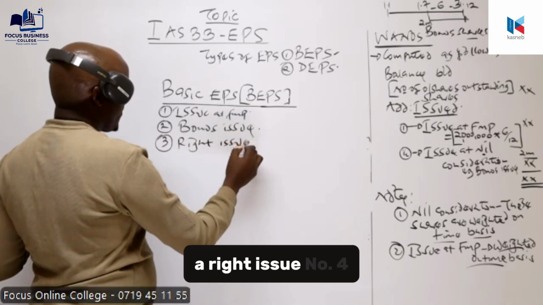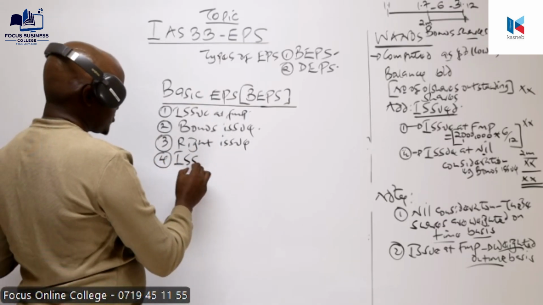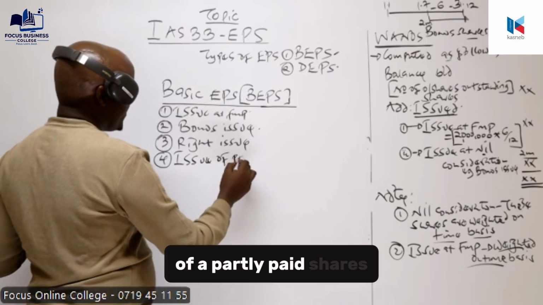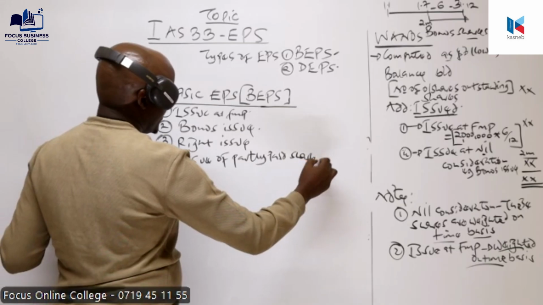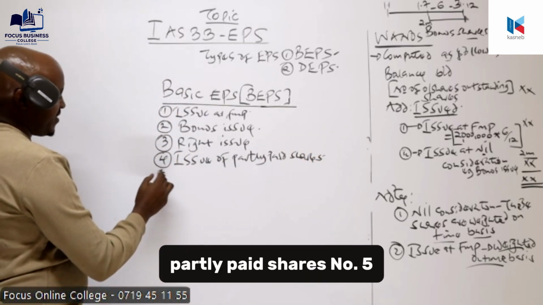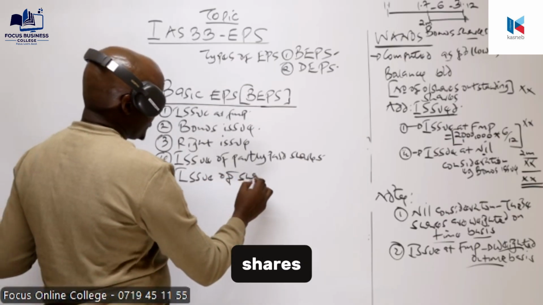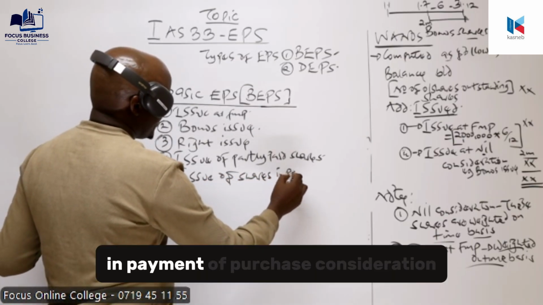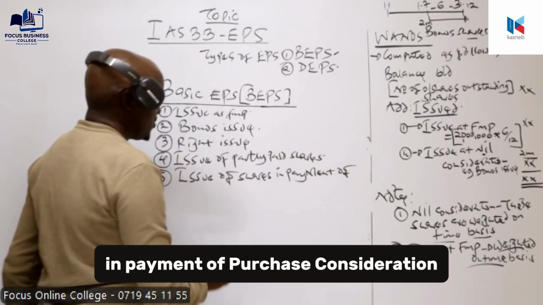Number 4, we have issue of partly paid shares. Number 5, we have issue of shares in payment of purchase consideration.